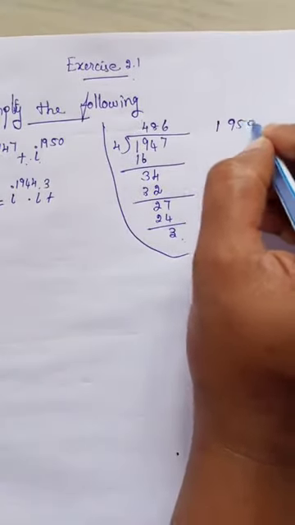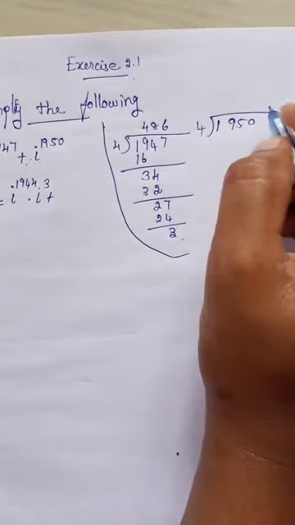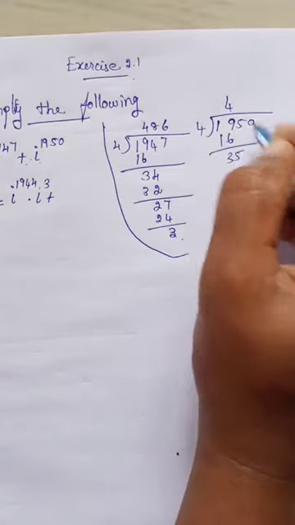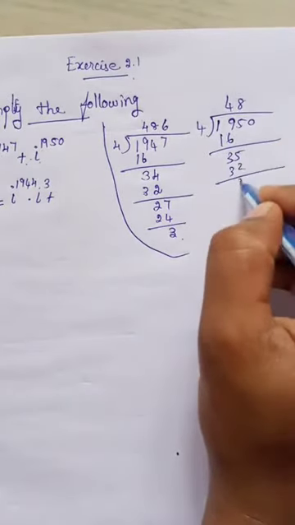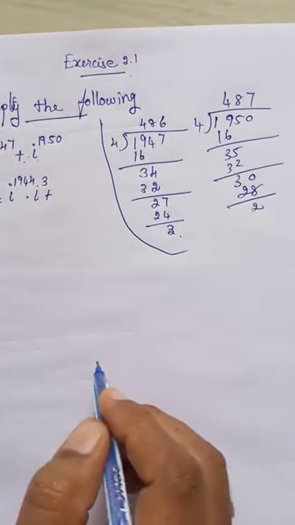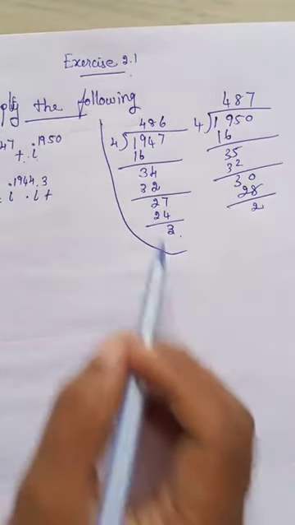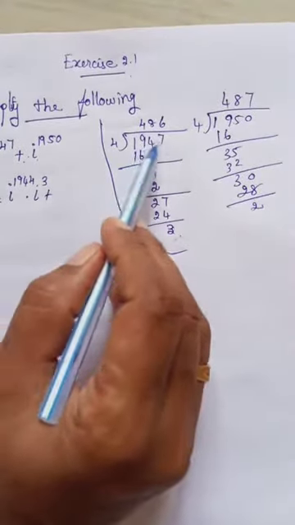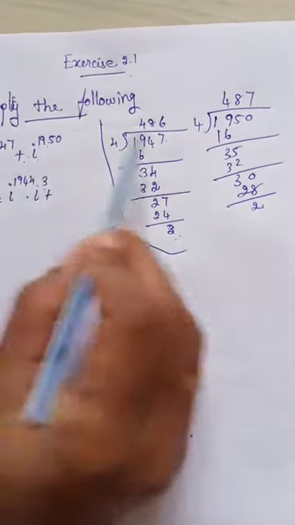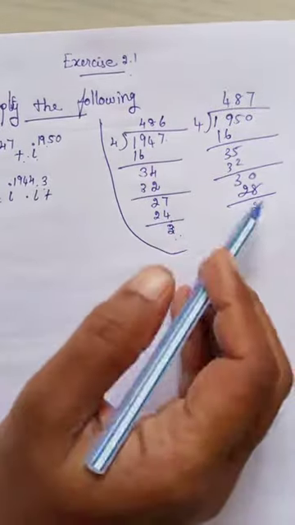Now 1950 divided by 4. 4 fours are 16, 35, 8 fours are 32, 30, 7 fours are 28, 2 balance. Here, 3 balance was there, 3 plus 3 is 6, in that 4, the balance is 2.